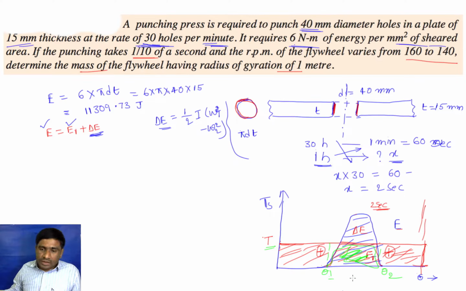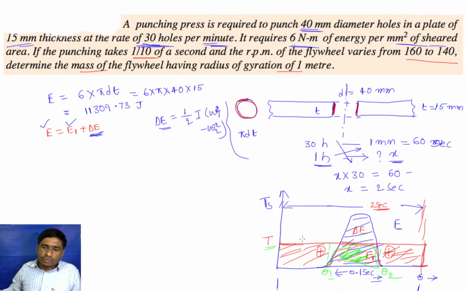But here instead, he has given that this whole process is completed in 0.1 second. From here to here is the 2 seconds, but this particular punching operation is completed in 0.1 second.